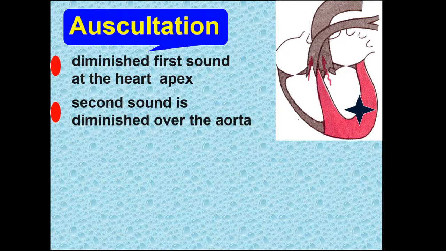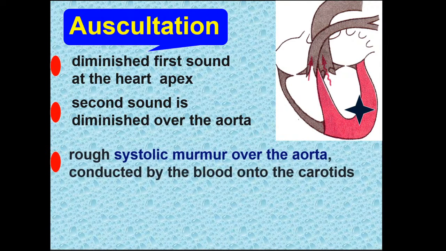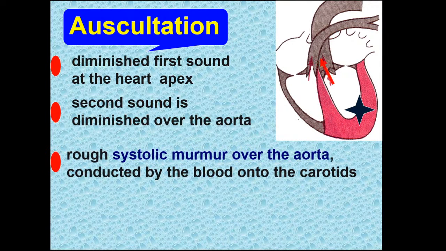The second sound over the aorta also will be diminished due to decreased heart stroke and blood pressure. And we can hear a loud, rough systolic murmur over the aorta irradiated onto the carotid arteries.